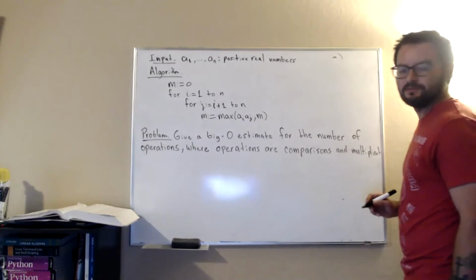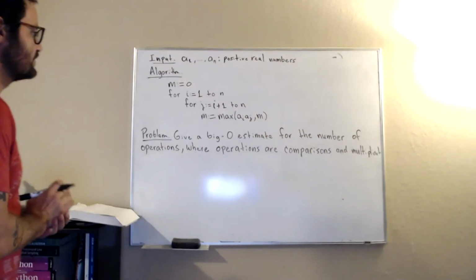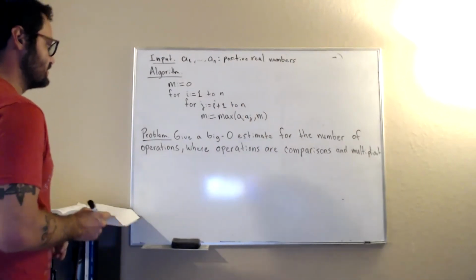All right, so give a big O estimate for the number of operations, where operations are comparisons and multiplications.